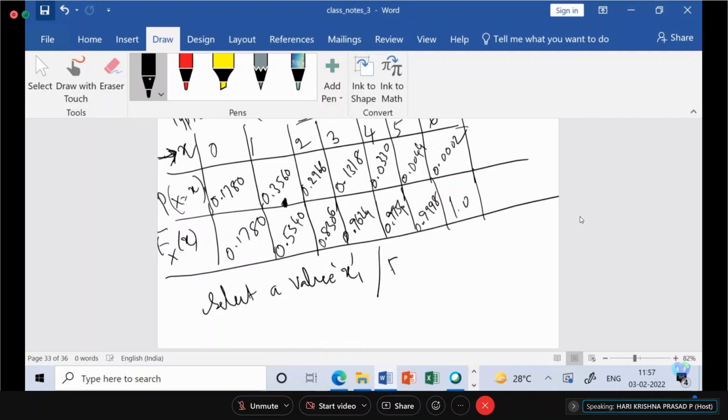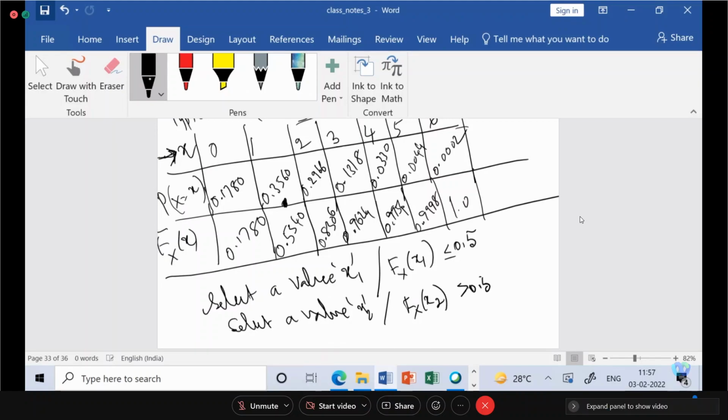Then select a value x2 such that the distribution function value is just greater than 0.5. The first is just less than or equal to, and in this case just greater than. Here this word just is very important. This symbol says that. Why is that just term used?